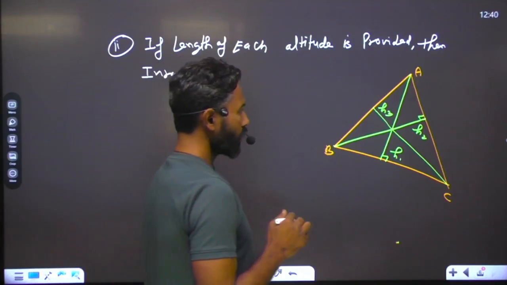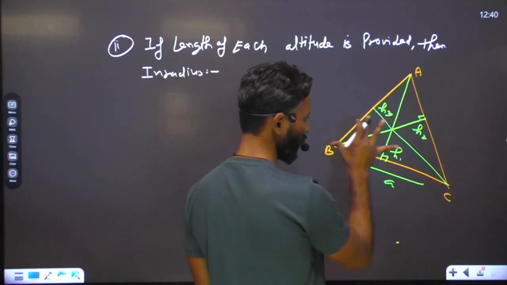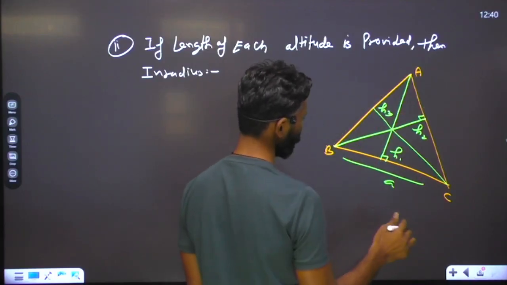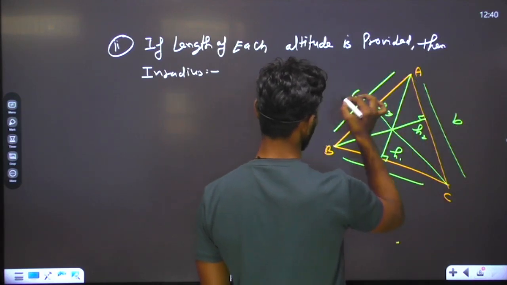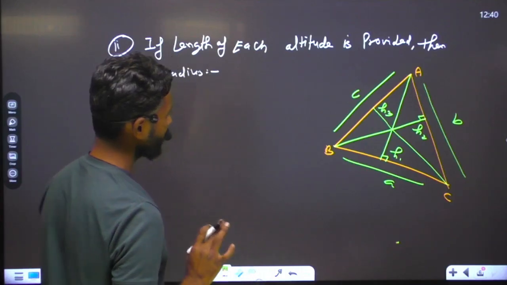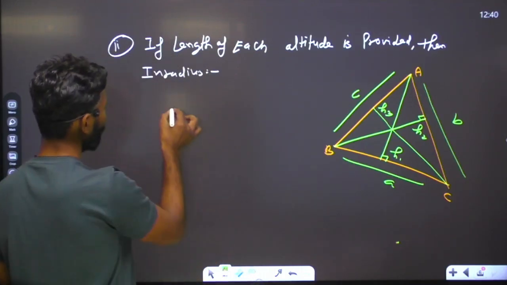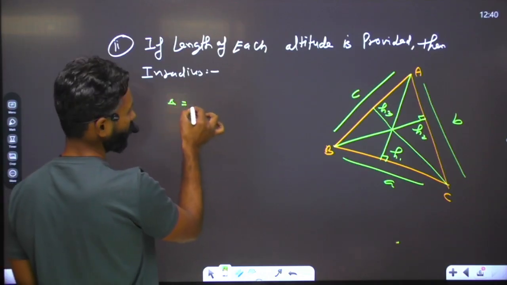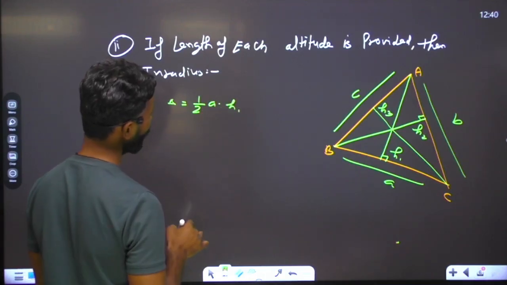Suppose the length of this side is a. The lengths of the sides will not be provided in the question, only the lengths of the altitudes, and the length of this side is b, and the length of this side is c. Can I say that delta will be equal to 1 by 2 a into h1? Yes.